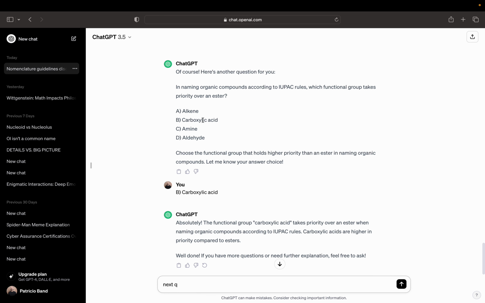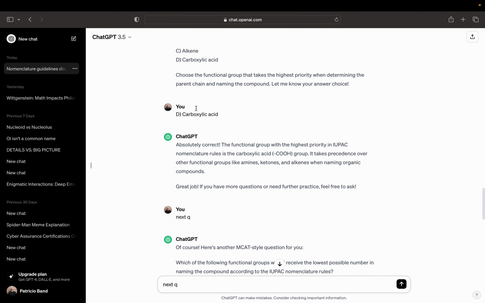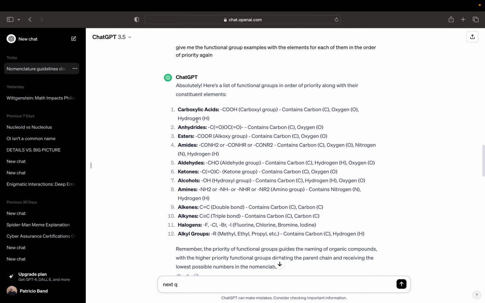It would be first carboxylic acid, and then the aldehyde, and then the amine, and then the alkane. Yep.